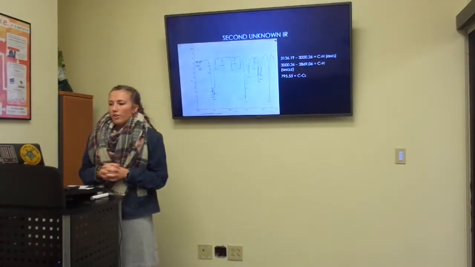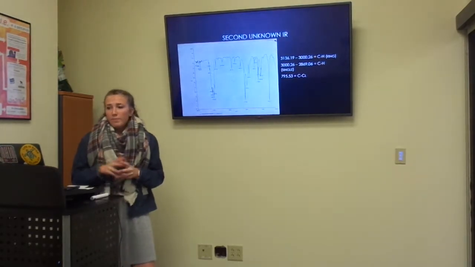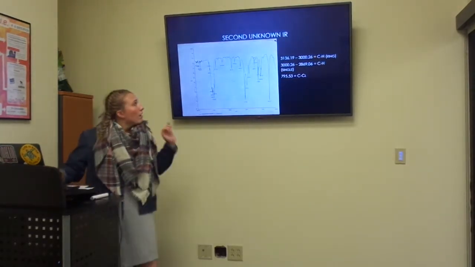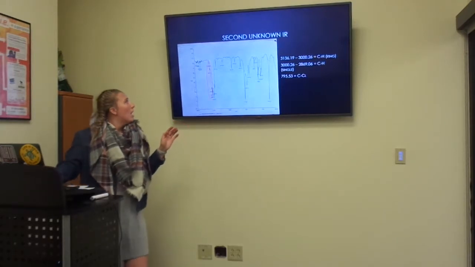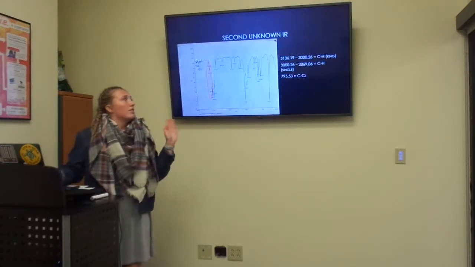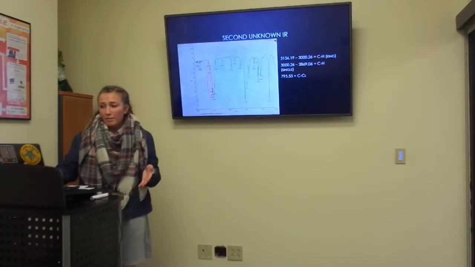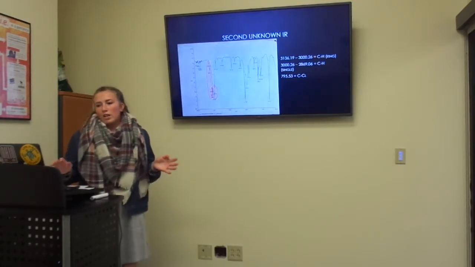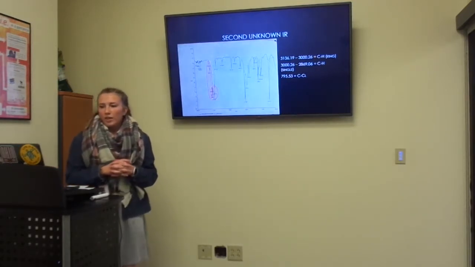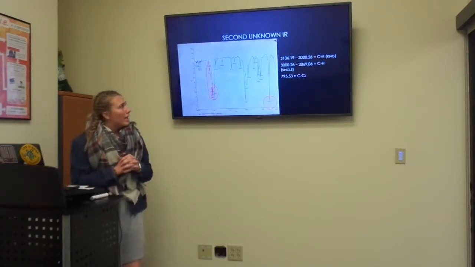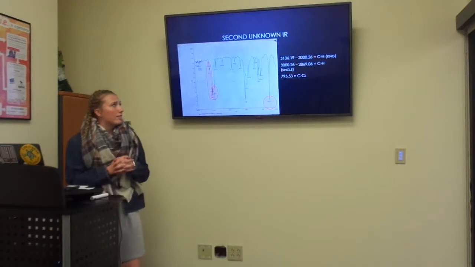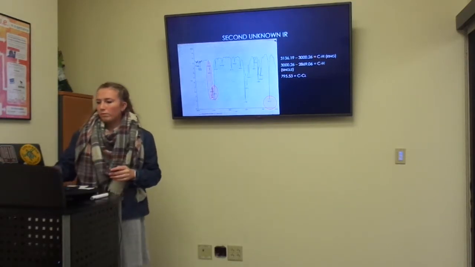The second unknown infrared spectroscopy, there is a peak that falls in around 3100, and so it says a CH benzene ring, and then there is a peak around 3000, and that shows a CH single bond. And there's also a peak around 800 which shows a CCl bond might be possible.